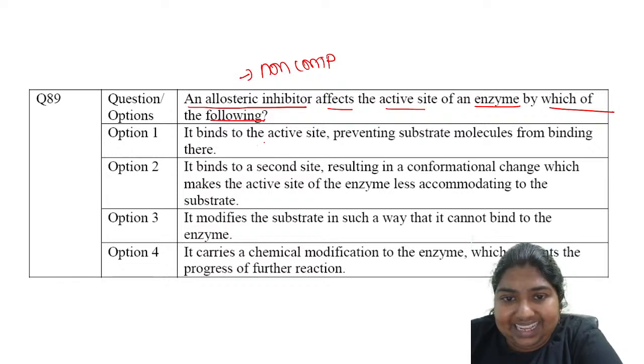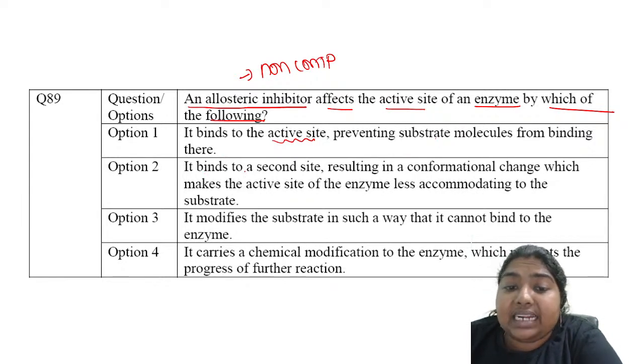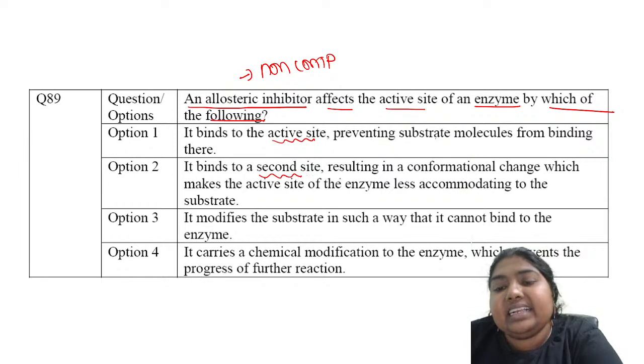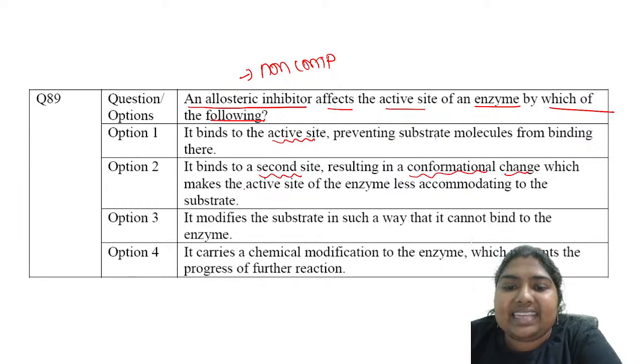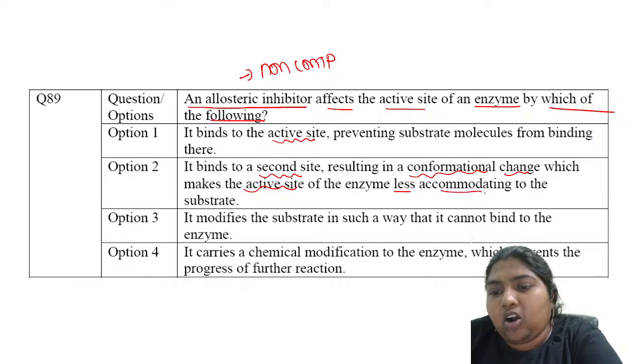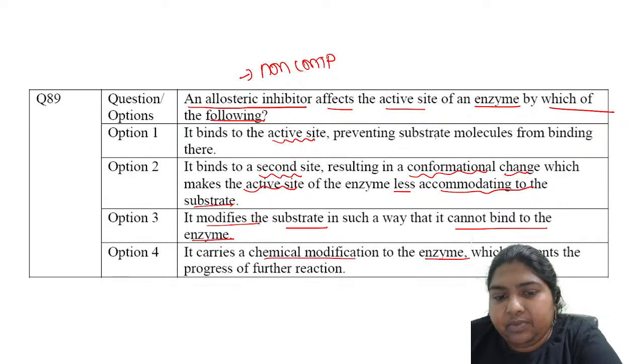It binds to the active site, preventing the substrate from binding there. It binds to a second site, resulting in a conformational change, which makes the active site less accommodating to the substrate. It modifies the substrate in a way that it cannot bind to the enzyme. It carries a chemical modification to the enzyme, which prevents the progress of further reaction.